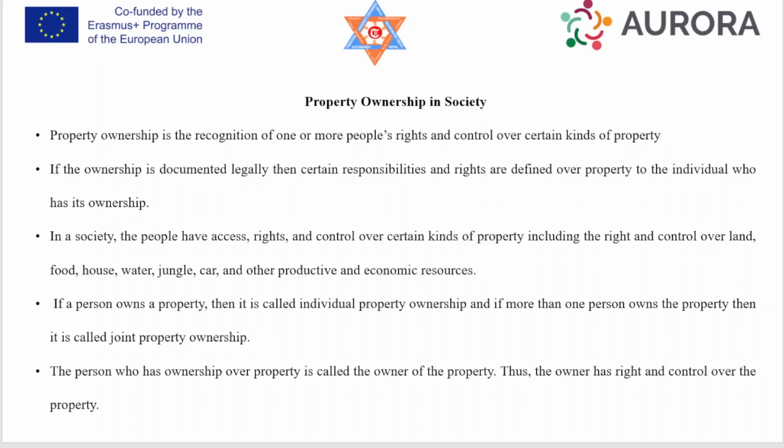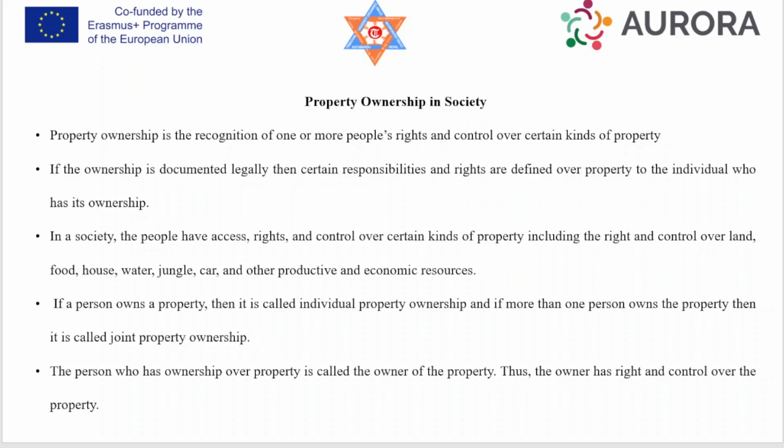There are two primary forms of property ownership. The first form is individual property ownership. If a single person holds ownership of a property, it is termed individual property ownership. This individual, known as the owner, possesses both the rights and control over the property.